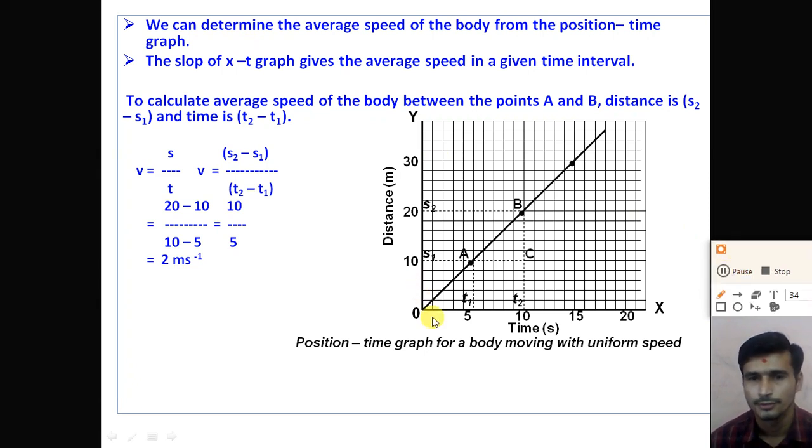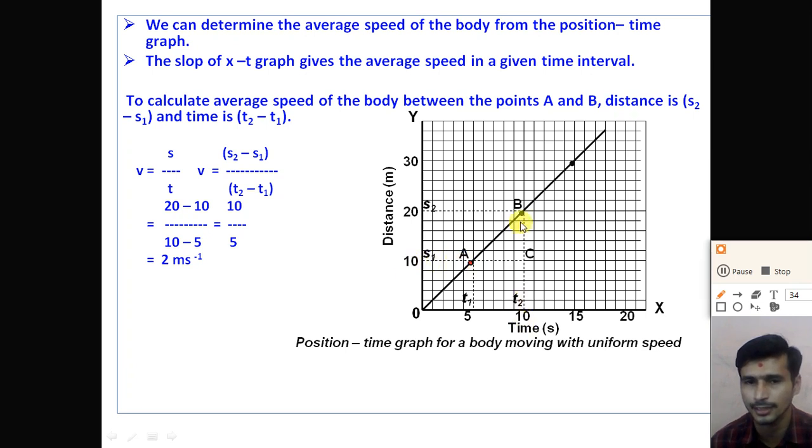So dear student, first of all consider this position-time graph for the uniform motion. Similarly, we can calculate for the non-uniform motion also. On the x-axis we take time 5 second, 10 second, 15 second, 20 second. On the y-axis we take position 10 meter, 20 meter, 30 meter. At 5 second, the position of the object is 10 meter, right?